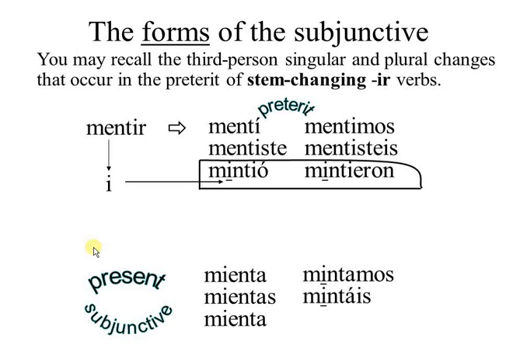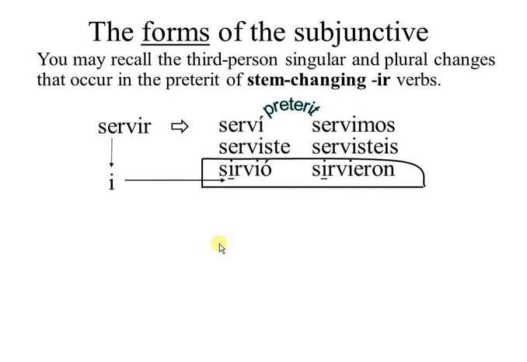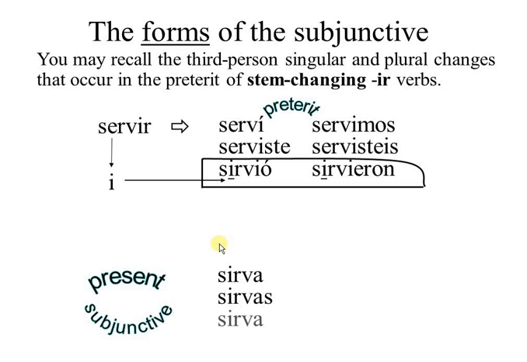Ojalá que mintamos, ojalá que mintáis, ojalá que mientan. So again, when you have an E, you change to an I, only in the nosotros form. You don't see any difference with the verb servir, but it's because the yo form of servir is sirvo. So let's see. Sirva, sirvas, sirva, sirvamos. Because when you have E and it's an IR verb, you change the E to an I.